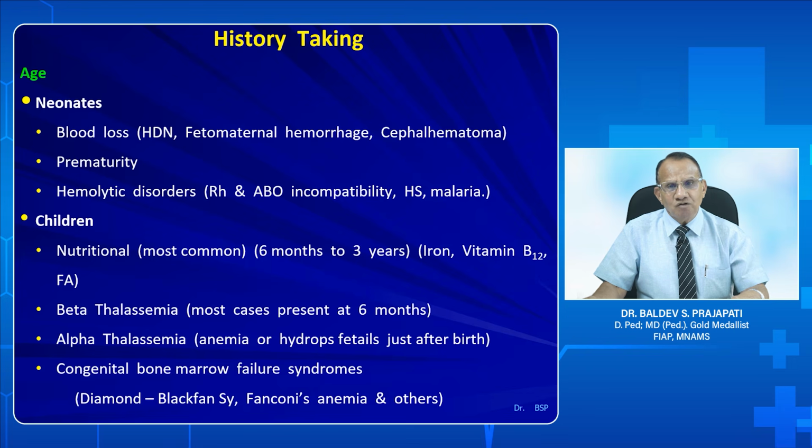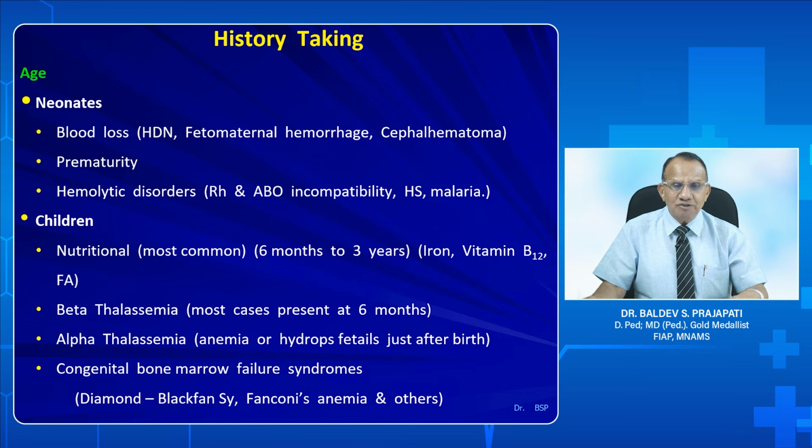In neonates, always check whether there is any blood loss like hemorrhagic disease of the newborn, fetal hemorrhage, cephalhematoma. Even prematurity may be responsible for the anemia, as may hemolytic disorders like Rh and ABO incompatibility, hereditary spherocytosis, malaria, etc. In older children, nutritional cause is the most common.